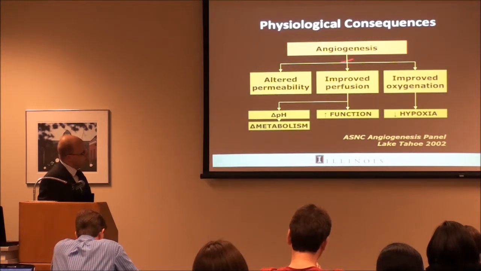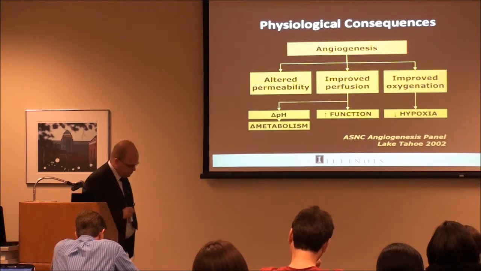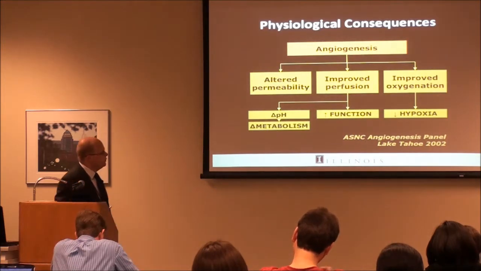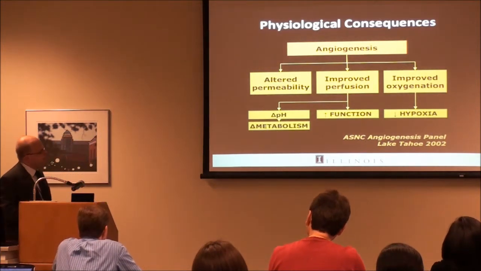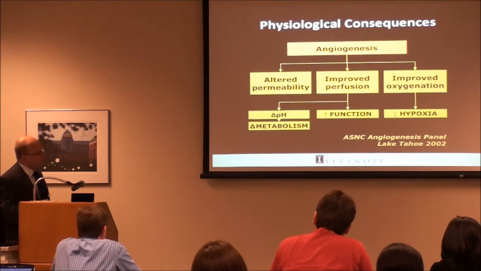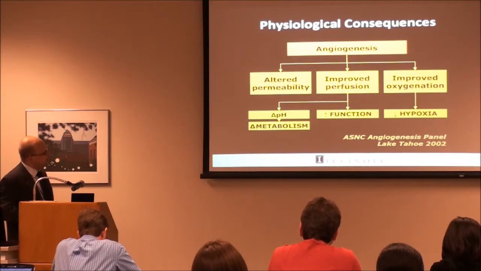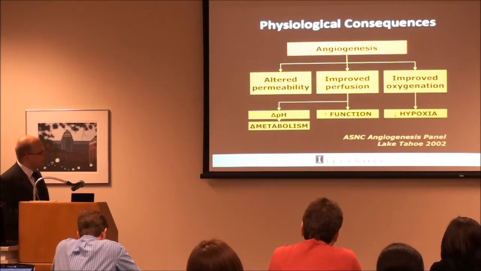For example, the process of angiogenesis, which I will talk about a little more later, is the formation of new vessels in different diseases or in some naturally occurring processes. This angiogenesis changes the permeability, improves the perfusion, and improves the oxygenation.